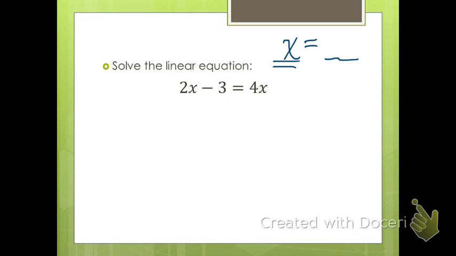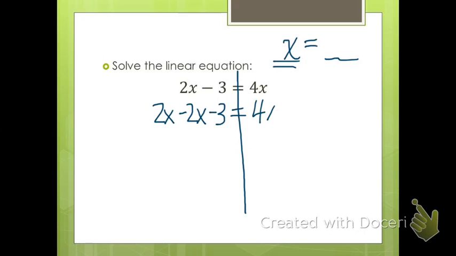I like to keep the left and the right side separate, so I'm going to draw a line down there and keep my equal signs lined up. So I'm going to have over here 2x, and I'm going to subtract 2x, and I'm already subtracting 3, and that's going to equal 4x minus 2x.